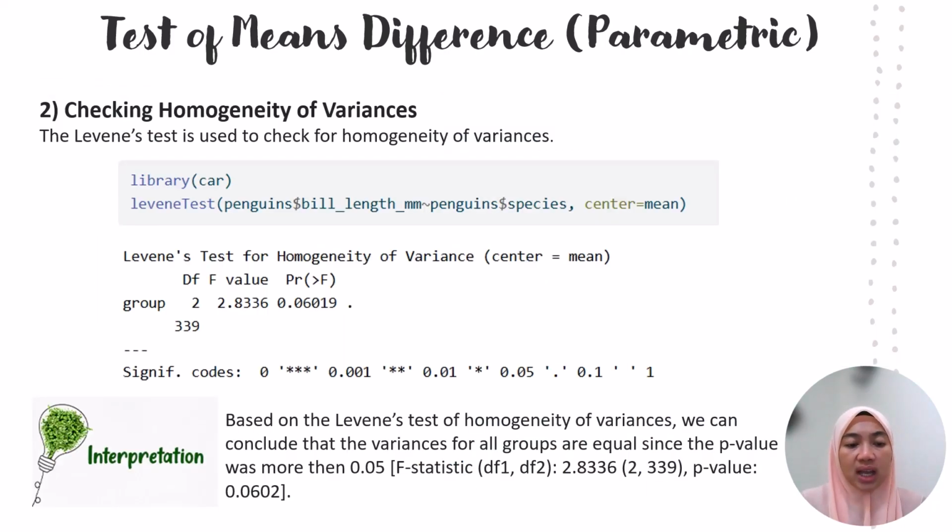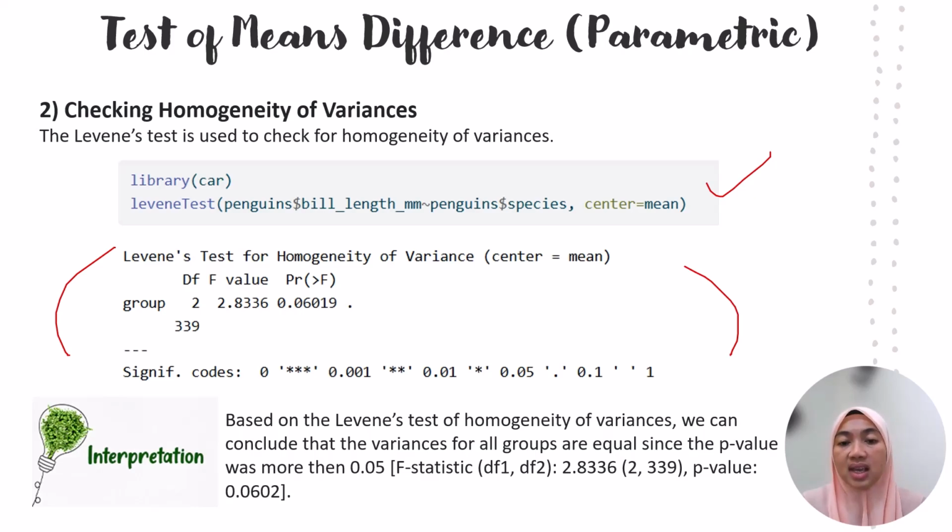After checking the normality test, the next step is checking the homogeneity of variance, where we use the Levene test. Here is the syntax, or the code, for the homogeneity of variance, and then we get the result of the Levene test. Lastly, we interpret the result based on the Levene test.